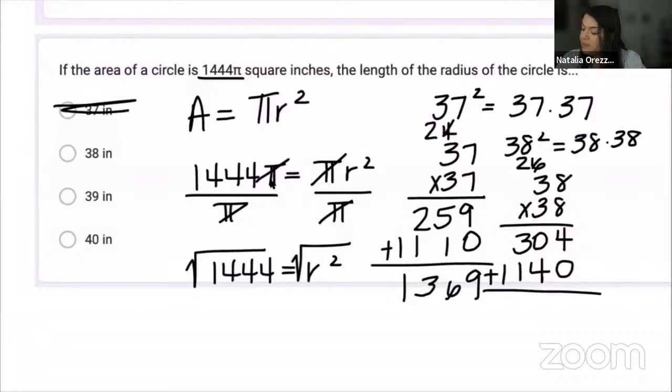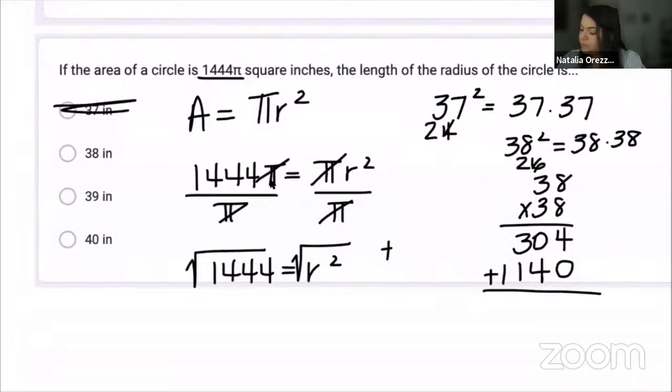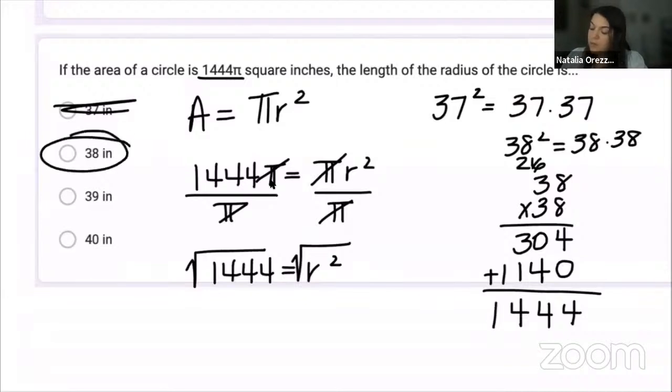So I'm going to add these together. Let me get rid of this, it's looking crowded. Okay, adding these together: 4, 4, 3 plus 1 is 4, 0 plus 1 is 1. So this is 38 squared. That is our answer.